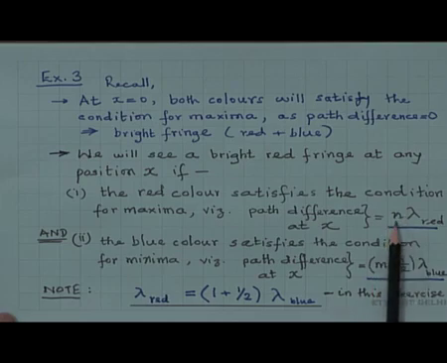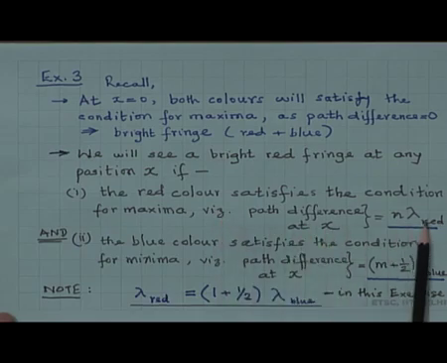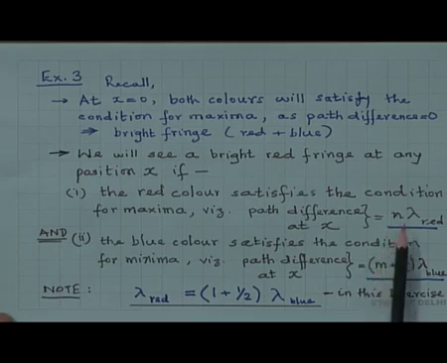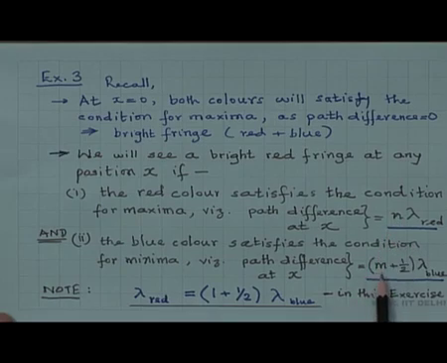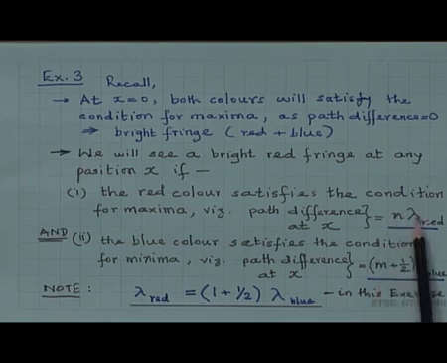If we put n equal to 1, then the path difference at x is equal to lambda red. If we put m equal to 1, because m and n take integer values, this will be 1 plus half, that is 1.5 times lambda blue, and indeed it satisfies the requirement that the path difference is equal.